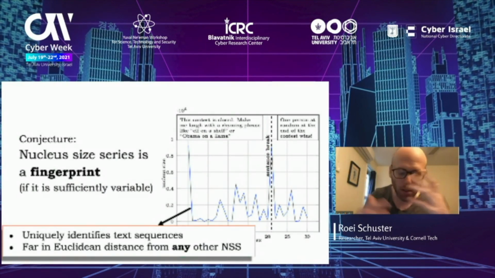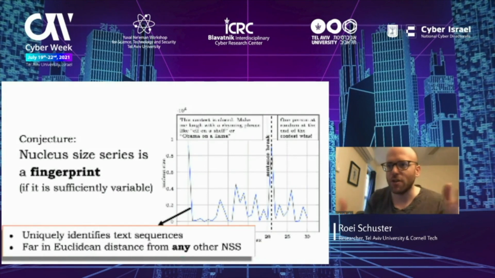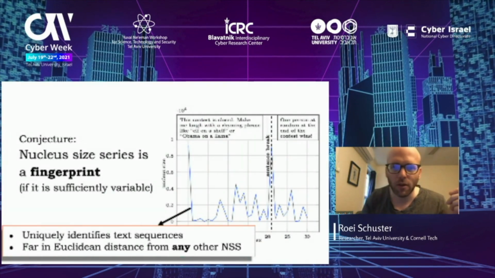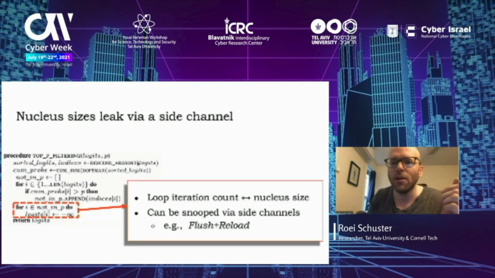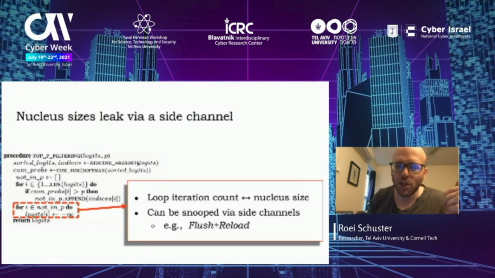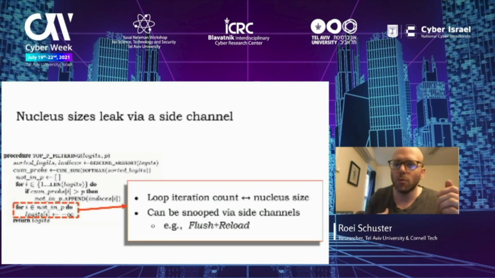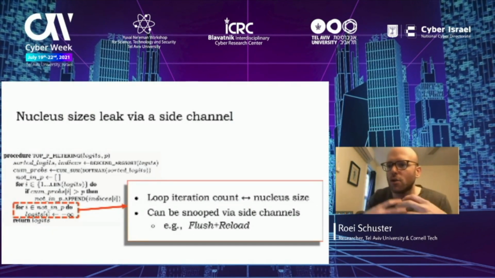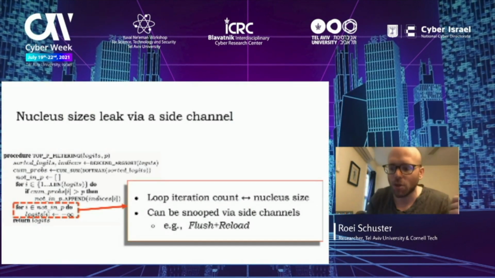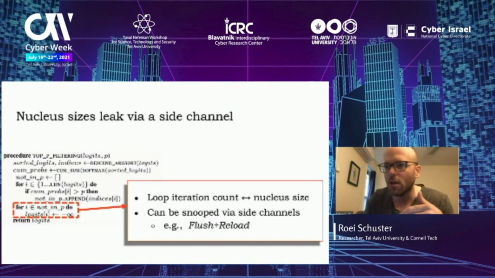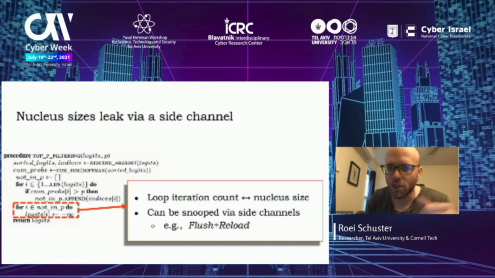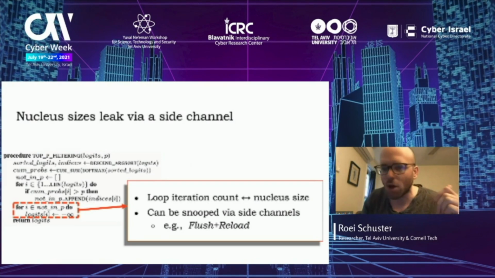The nucleus size is just an internal artifact of the algorithm, but apparently due to some implementation detail, the nucleus size can be snooped by an adversary that is co-existing on the same machine as a machine doing text generation or auto-completion using some GPT-like model.